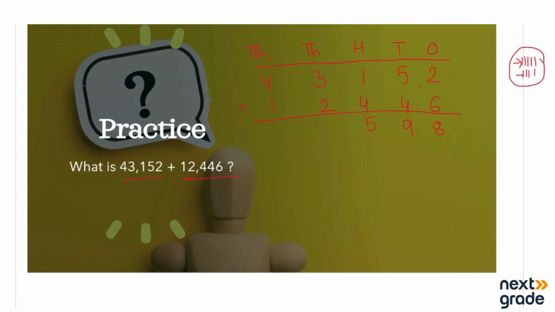It was a rough work that I wanted you guys to know कि किस तरह हम quickly दो numbers को add कर सकते हैं. 3 plus 2 is also 5, and 4 plus 1 is very simple, that is 5. So in this case, we know that the 10,000 value is 5, 1000 value is also 5, 100 value is also 5, 10's value is 9, and 1's value is 8.